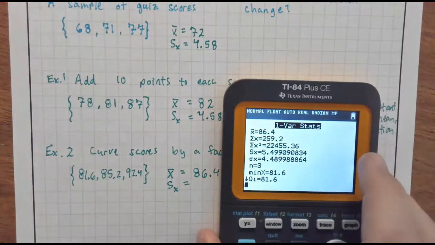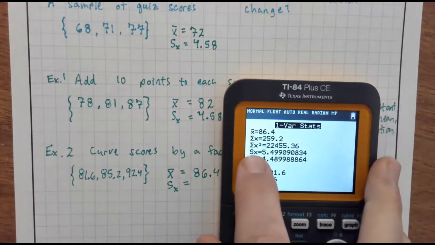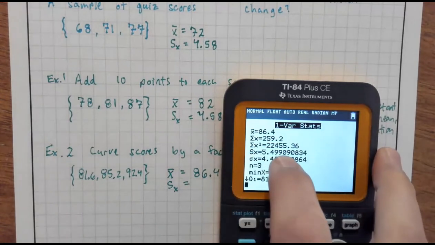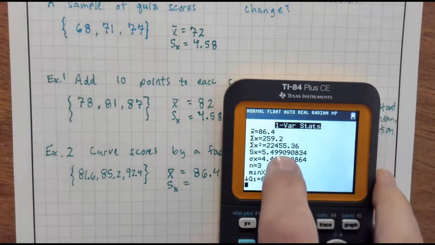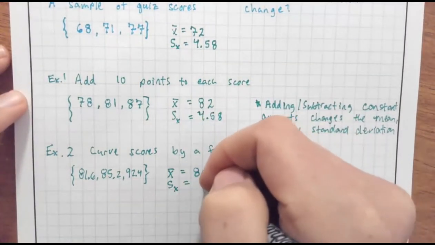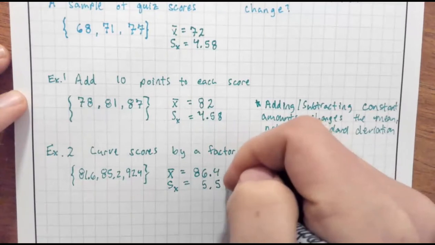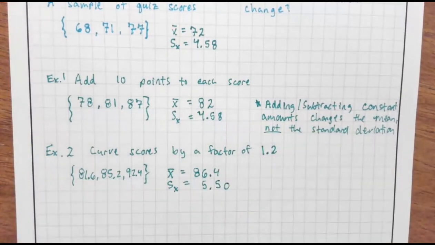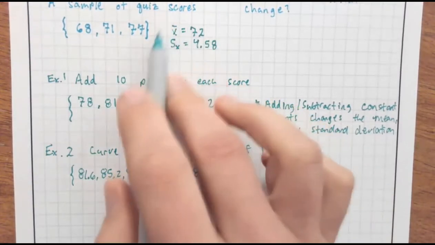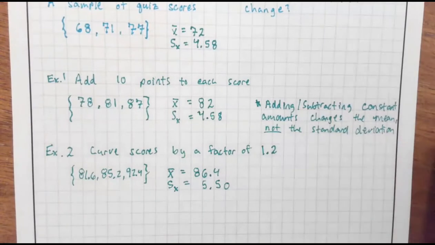86.4 is the average score using this method. We're also looking at the sample standard deviation. That rounds out to pretty close to 5.5, so we'll go with 5.50. Take a look and try to relate these values to the statistics that we calculated from the original data set. It's pretty interesting.